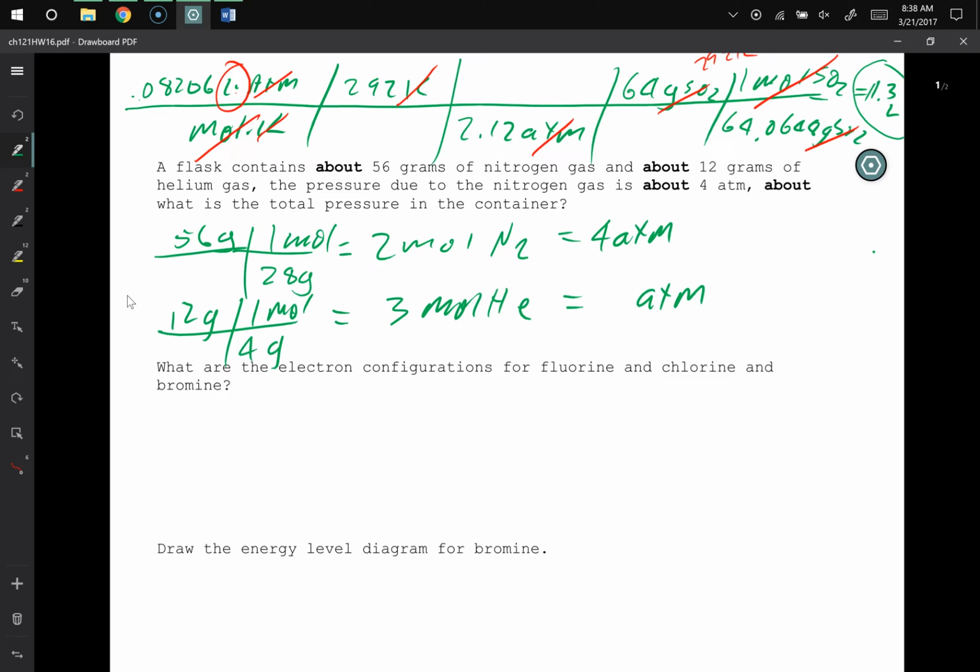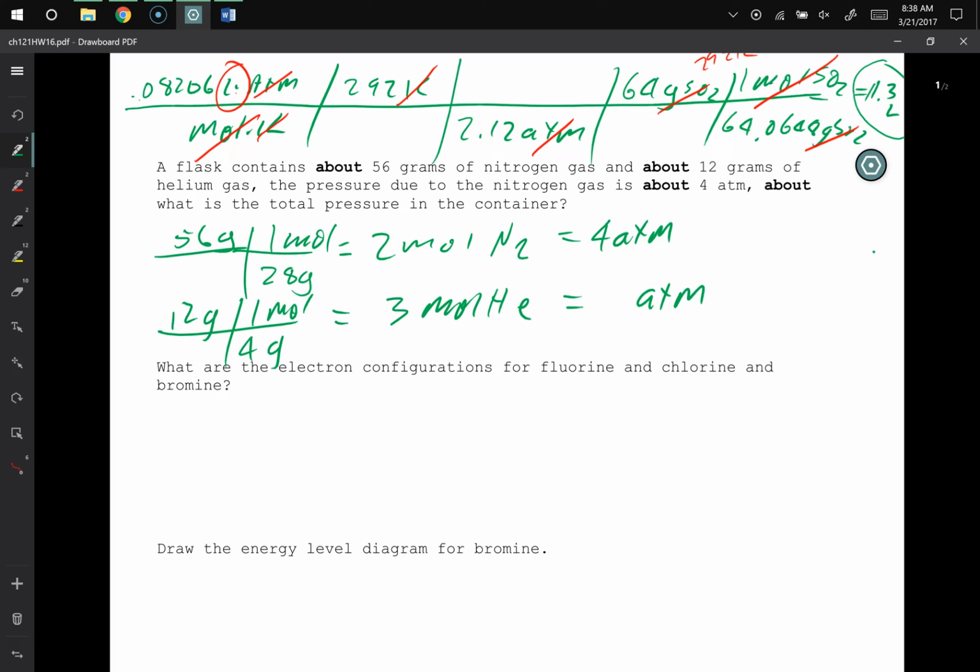6? You okay with 6? How'd I get 6 out of that? Every single ATM is equivalent to how many moles in this particular case? Let me rephrase that.